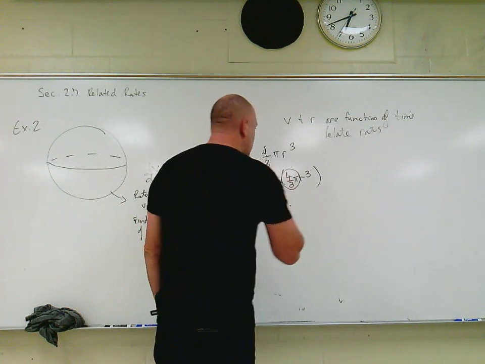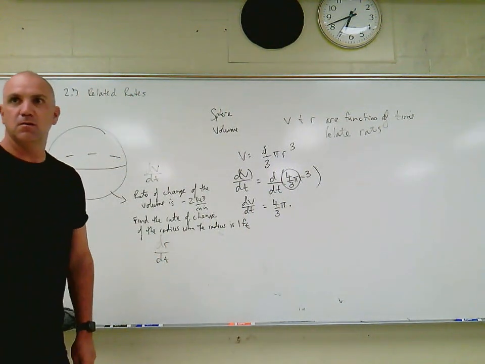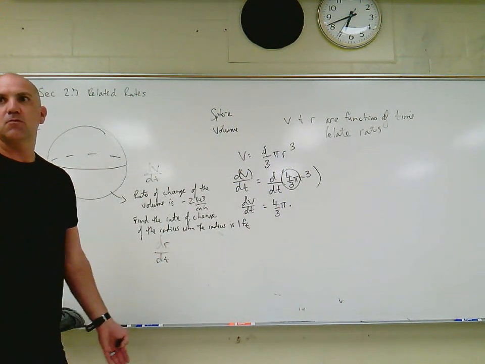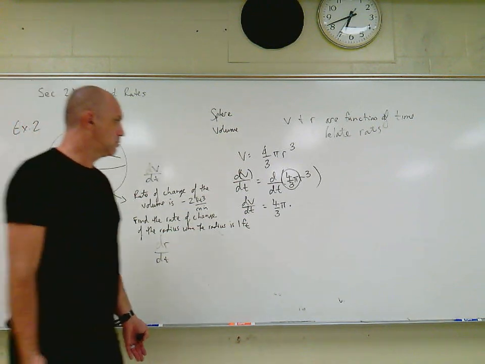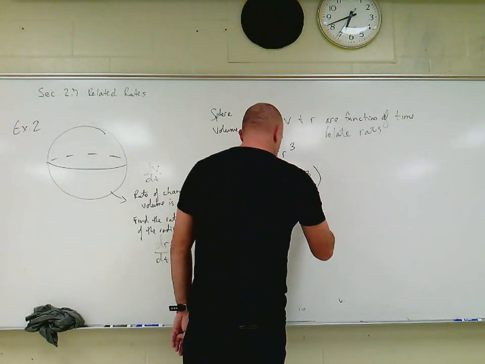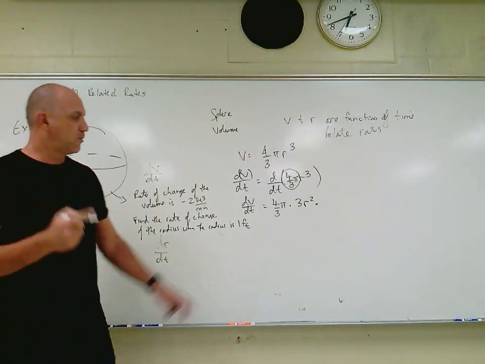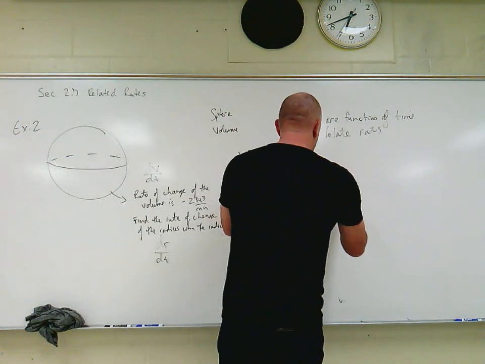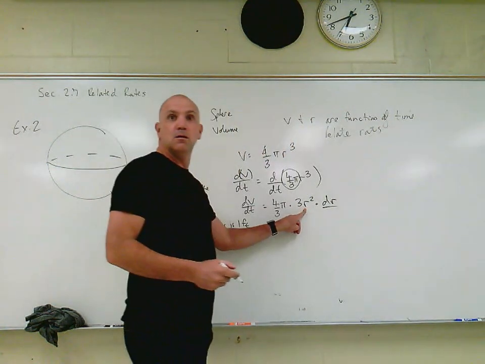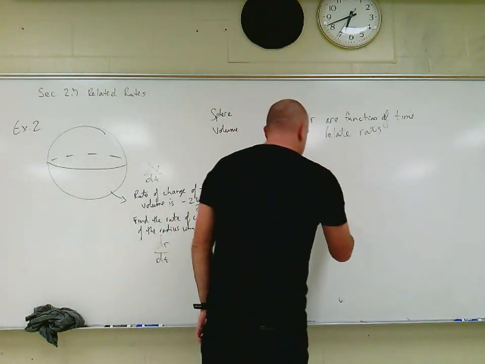Now, how would you normally do the derivative of r cubed? You would get 3r squared. But now you have to do the chain rule. You have to multiply by the derivative of the inside with respect to time. Otherwise, I won't get my rates.